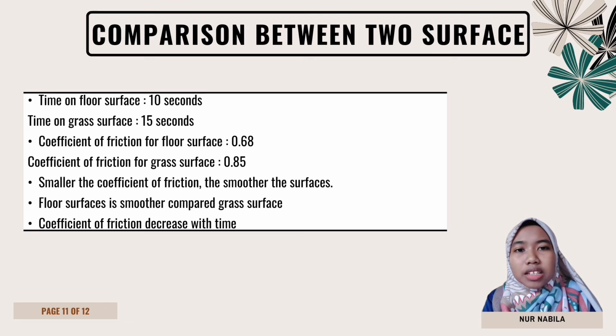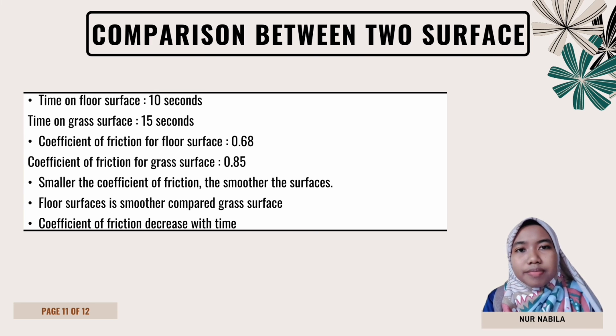That means the floor surface is smoother than the grass surface. This is because the smaller the coefficient of friction, the smoother the surface, and the smoother a surface is, the less time it takes to pull a box. That's why on the floor surface it took 10 seconds and on the grass surface it took 50 seconds to pull the box.